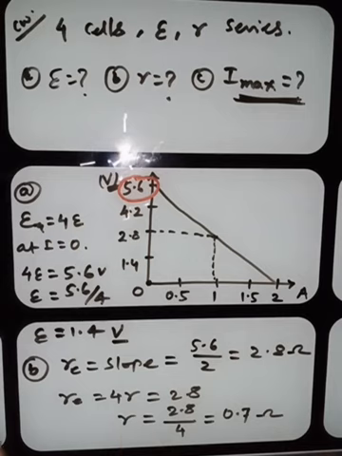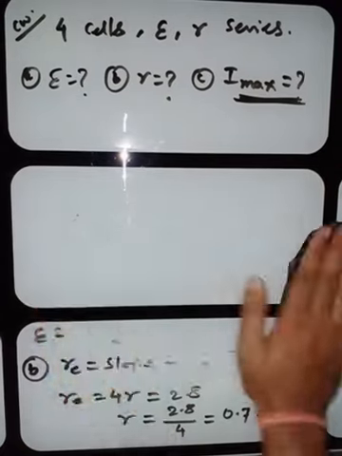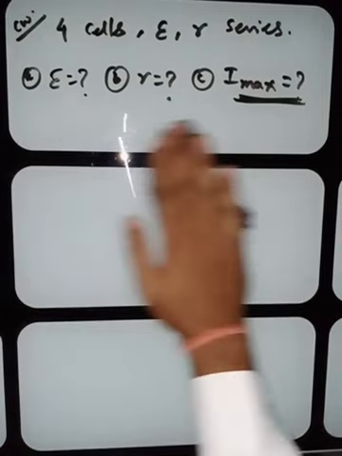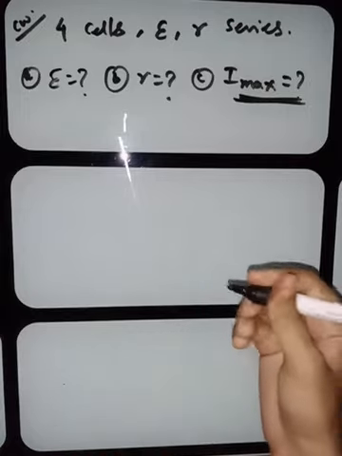Now the maximum current. For maximum current, my dear student, I am explaining here. Can you note down this one? The maximum power theorem. You need to just remember the maximum power theorem.